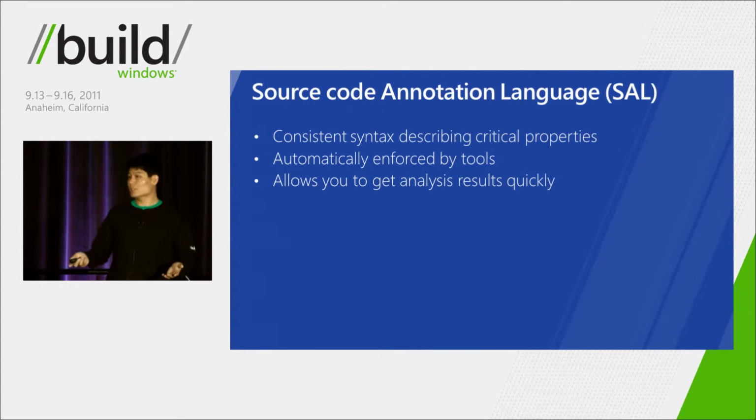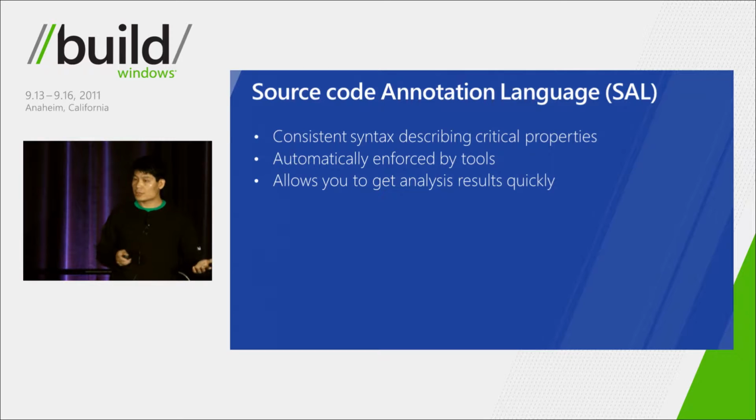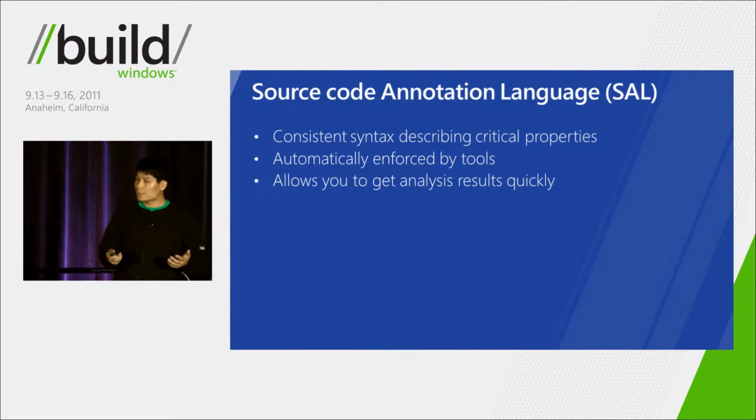Here's the good news for you. With SAL, this is a much better approach. What SAL gives you is essentially three key benefits. First, it's very consistent, so there's no ambiguity. Second, because tools can understand it, they can work on your behalf to automatically catch violations.